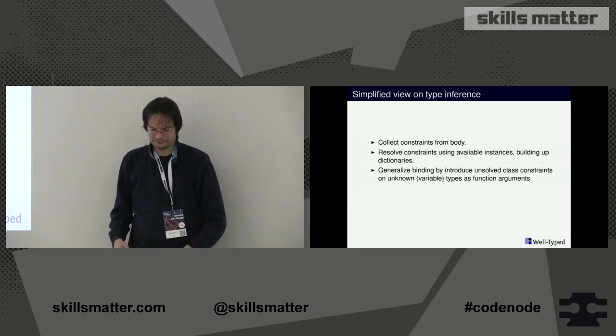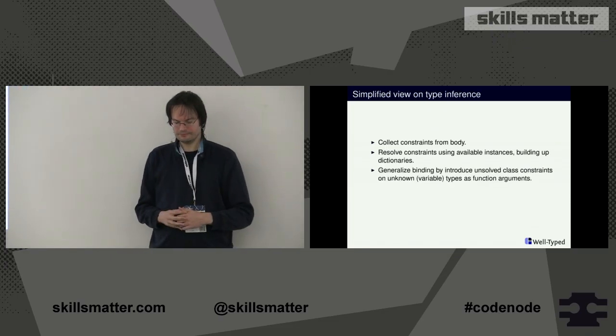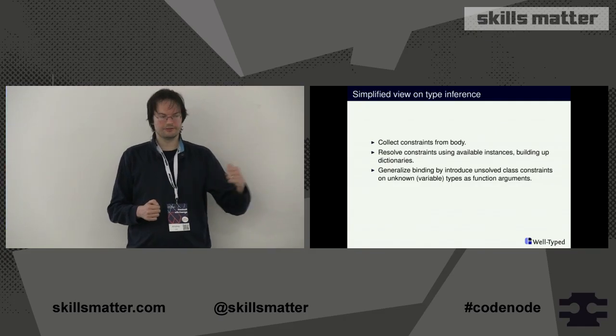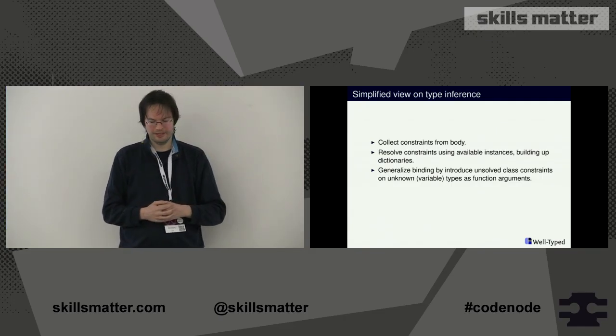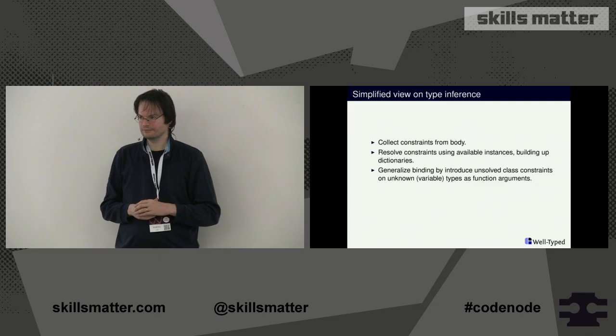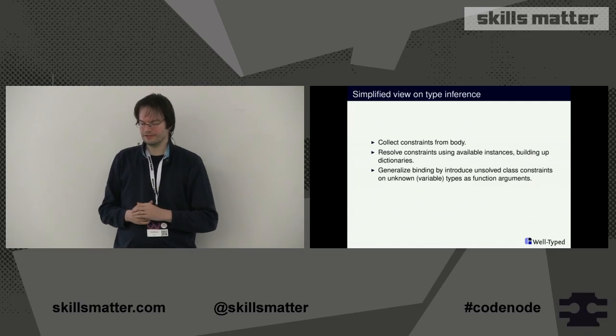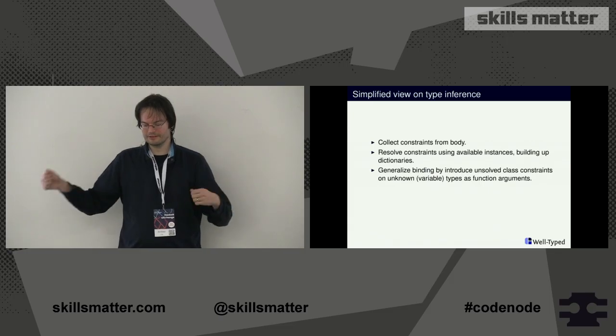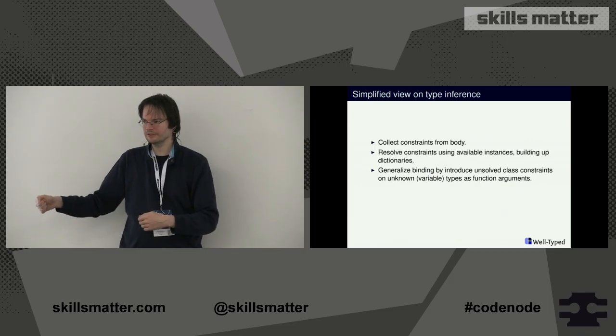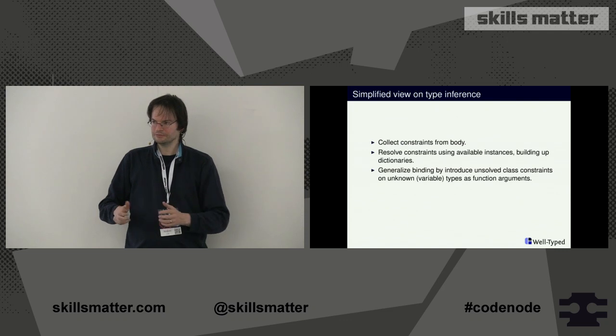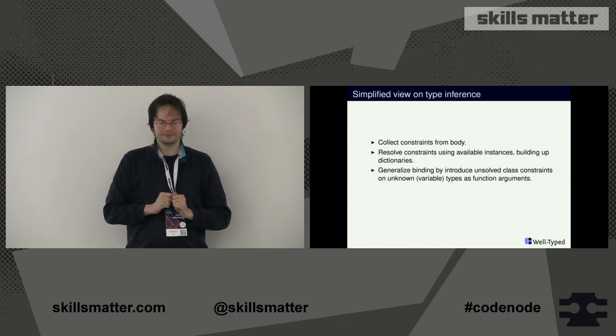And then you generalize the binding by introducing any of the unsolved class constraints on variables that remain as function arguments. Right, these are roughly the 3 steps. You collect the constraints, you try to simplify them using the instances you have available as much as possible, and then anything that's left, you just expect as extra function arguments.